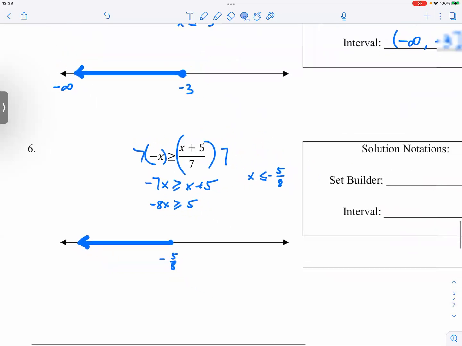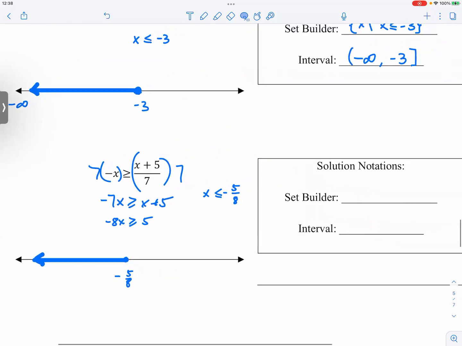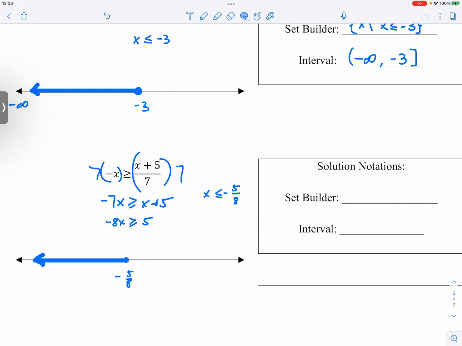so there we go. So set builder notation should be very straightforward. It is x such that x is less than or equal to negative 5 over 8. So again, when you write down set builder notation, it's really just knowing that it starts and ends with a pair of braces, and then you have this variable and vertical stroke.